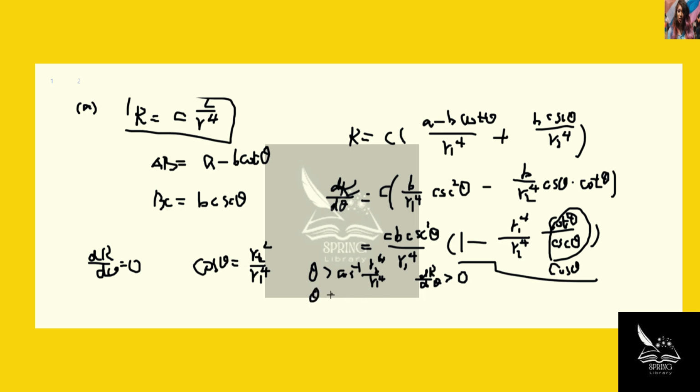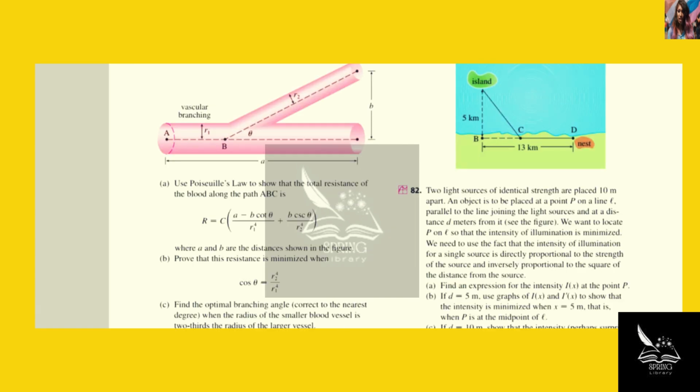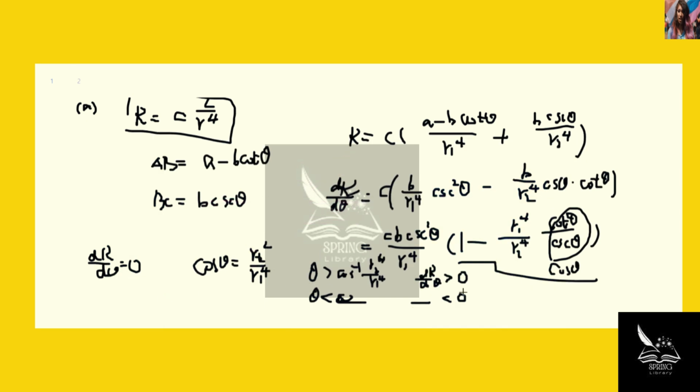And when theta is smaller than this number, then dR d theta is smaller than 0. Then when theta is equal to arc cosine R2 to the power of 4 over R1 to the power of 4, or cosine theta is equal to this number, R has the minimum value.